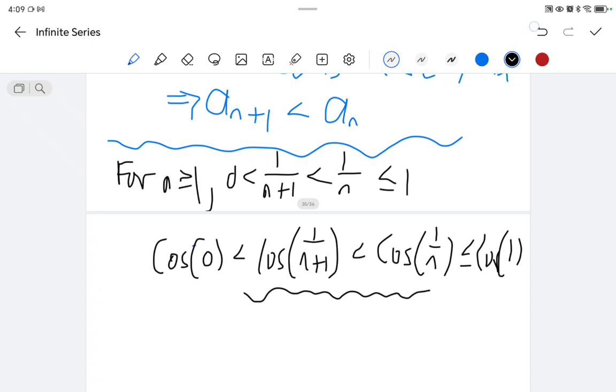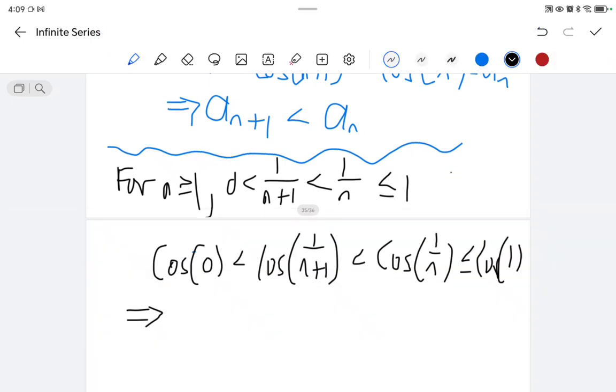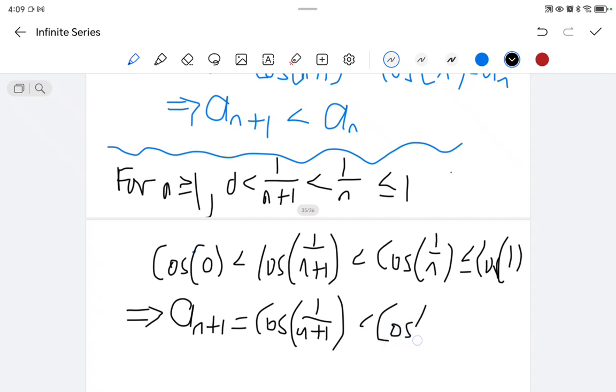Who can show us what is cos of 1? And we know that cos of this is a of n plus 1, which equals cos of 1 over n plus 1, less than cos of 1 over n. And cos of 1 over n is a of n. This implies that a of n plus 1 is less than a of n, you see, right?